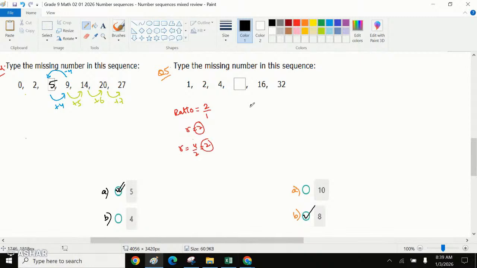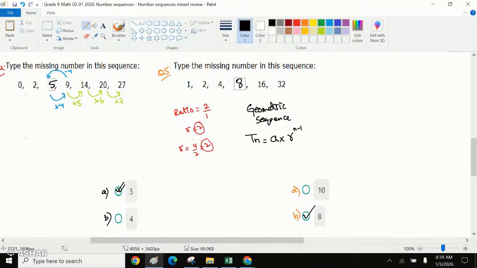So in a geometric sequence, the formula is Tn equals a multiplied by r to the power n minus 1, right? This is simple. Term number 4, we know, comes out to be 8, right? But if they would have asked a bigger term, then we need to remember this formula and apply the values.